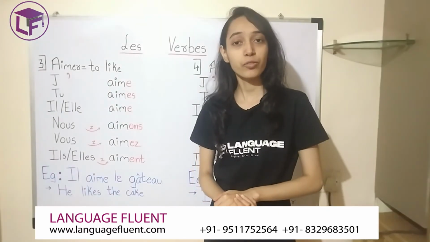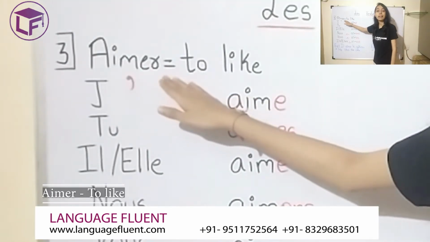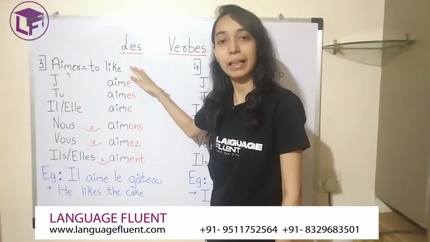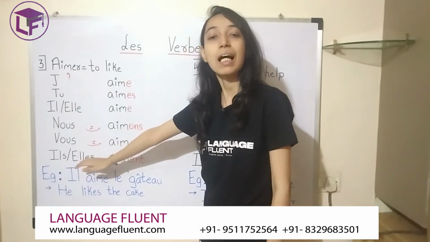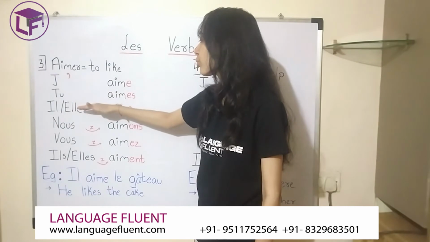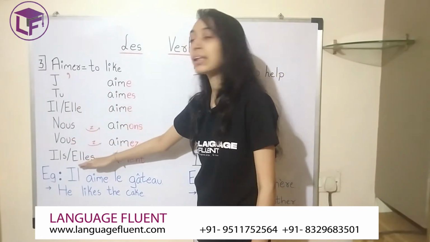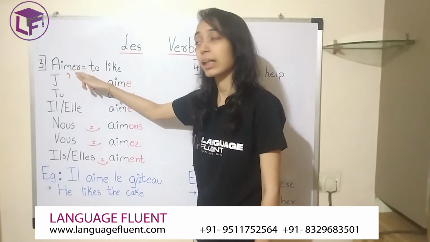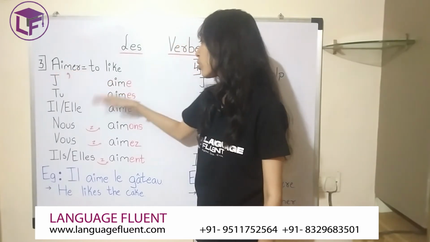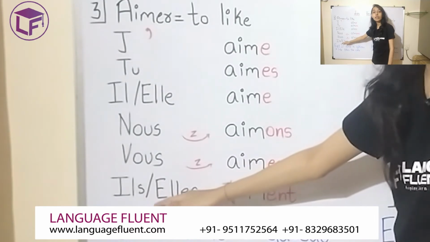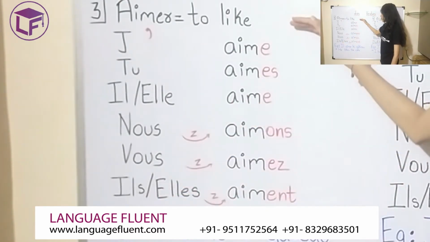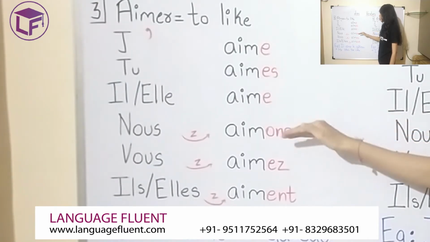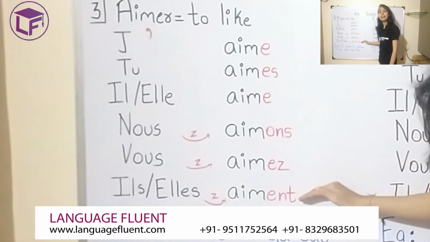Now, the third verb is aimer, which is to like. We write subject pronouns as it is. Je, tu, il, elle, nous, vous, il, elle. From aimer, we cut er, and the word we get is aim. So we write aim to each and every subject pronoun, and we add endings to it. E, es, e, ons, ez, ent.